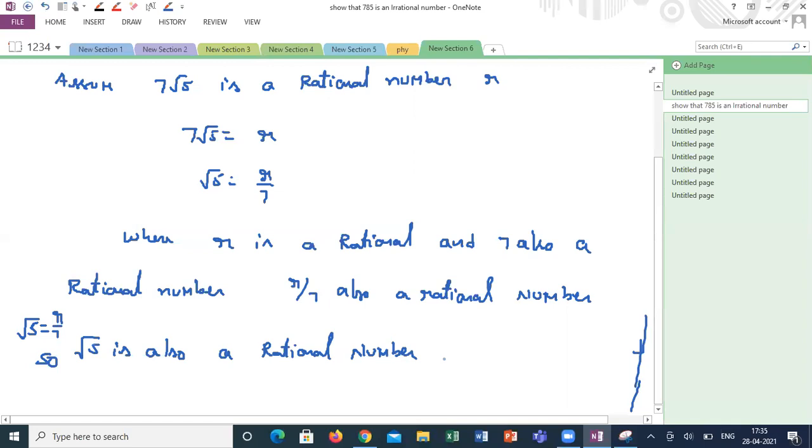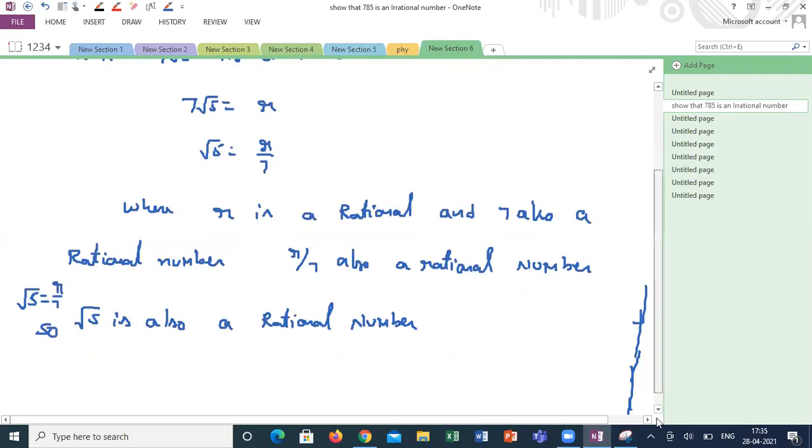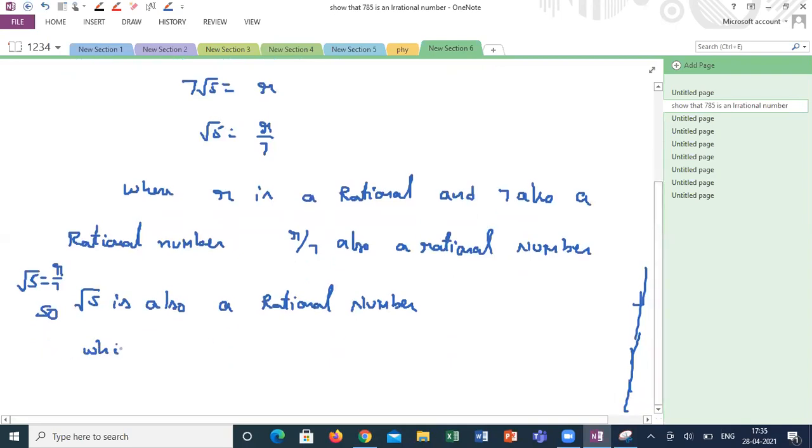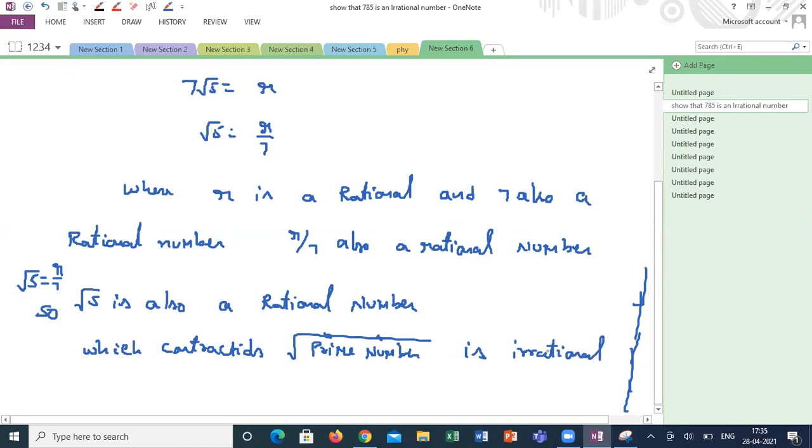Which contradicts our statement. Which statement is contradicting here? Root of a prime number is irrational. Super. Root of a prime number is irrational. So it is contradicting the already proved statement.